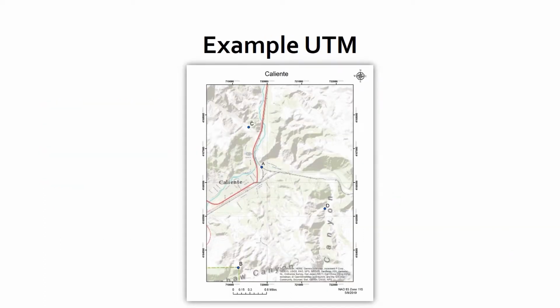So in your kit, or in the printout, you're provided an example map. What you can do is look, and there are grid numbers on the outside of your map. The bottom right corner of your map tells you you're in zone 11S, so we're in southern Nevada. And if you want to, you can tell us the UTMs or the coordinates based on just roughly using this map.